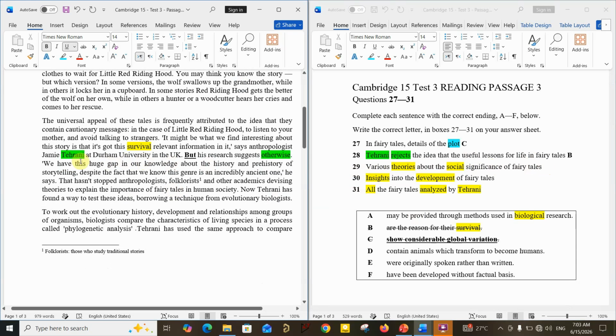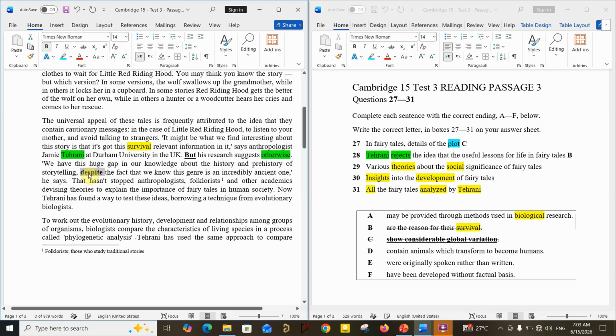So here it says that we have this huge gap in our knowledge about the history and prehistory of storytelling, despite, be careful, despite the fact that we know this genre is an incredibly ancient one. Nothing about social significance on stories.